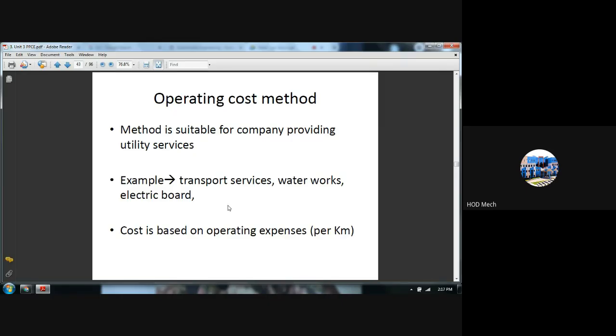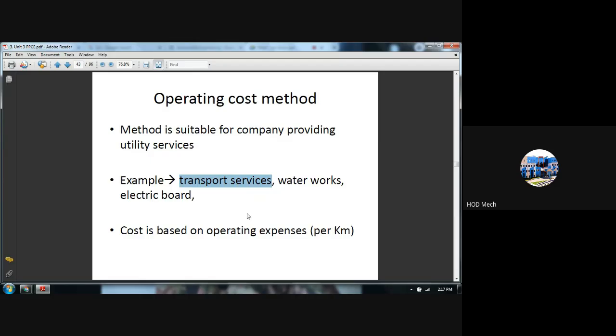Right. So when you go for a transport service, as you see in the slide, the example is there. Say you want to take a private bus or government bus and travel up to Salem, they will give you a charge. The charge is based on how many kilometers you are going to travel by using the public transport or the government transport.